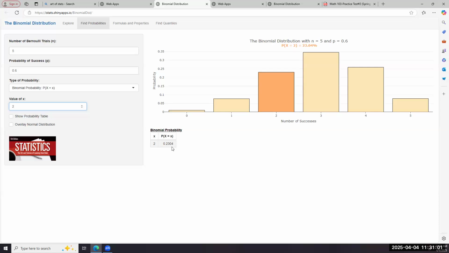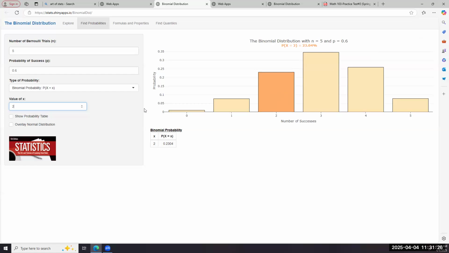So there is about a 23% chance that you get exactly 2 people who agree with your statement. The graph shows it exactly. That's the first part.